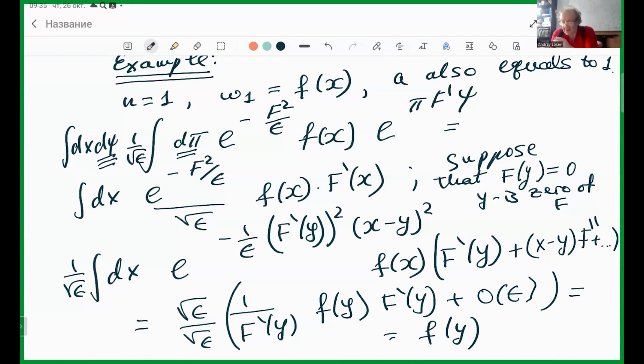So it's a very simple exercise in Gaussian integrals. Maybe I went too fast. If I went too fast, then please ask me questions.